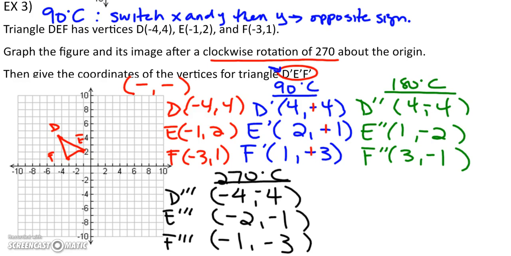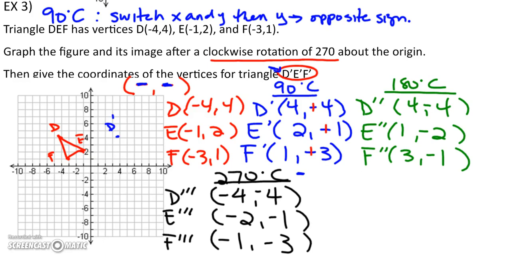All right, we can look at our scratch work. Remember when we first started, we said our final answer would land in the third quadrant, which will give us negative, negative. So far everything looks okay, because at 270 our signs are all negative, negative. All right, so let's plot the 90 first. D prime: to the right 4, and up 4.